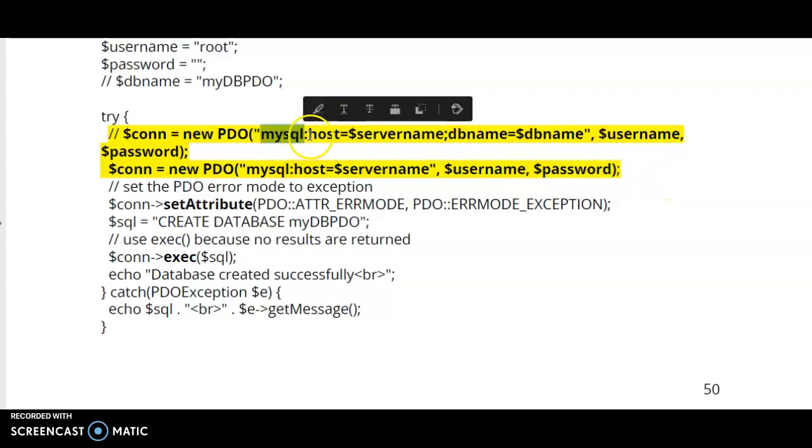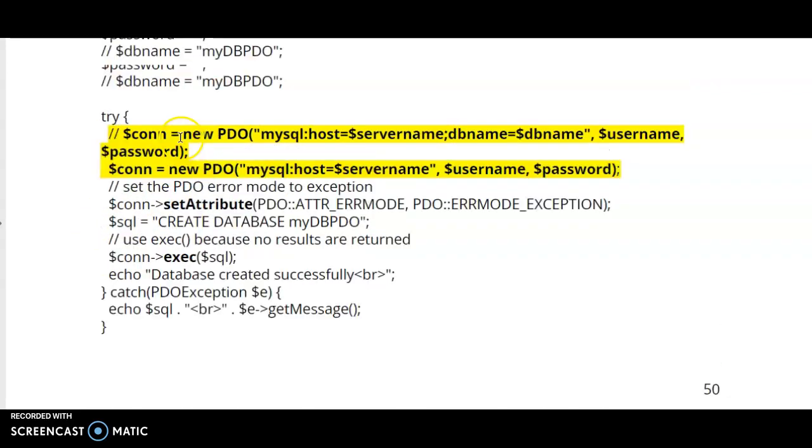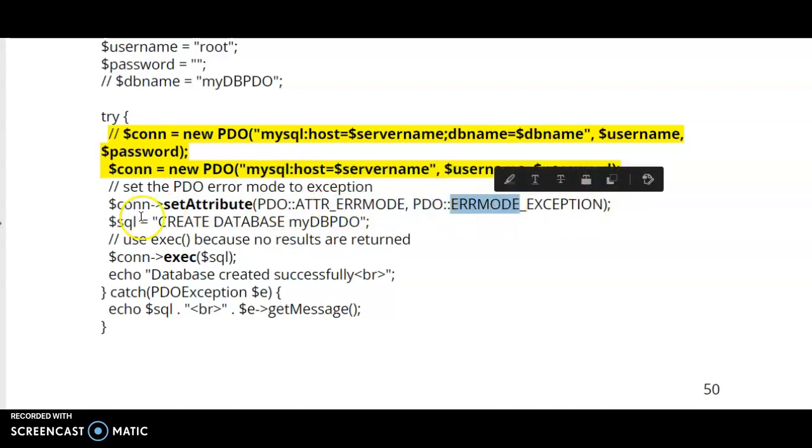It is mysql:host is equal to server name semicolon dbname is equal to DB name variable. Set the PDO error mode to exception: $con setAttribute PDO::ATTR_ERRMODE, PDO::ERRMODE_EXCEPTION.